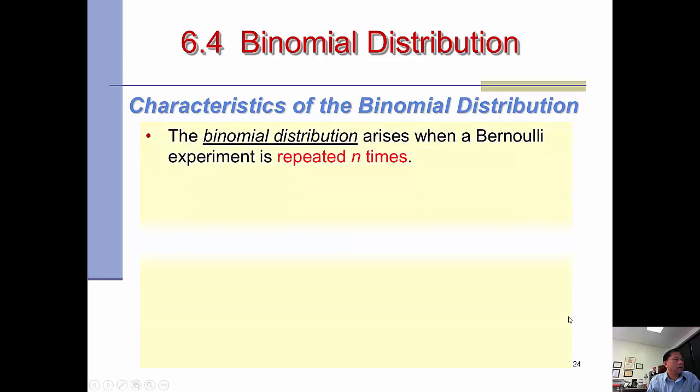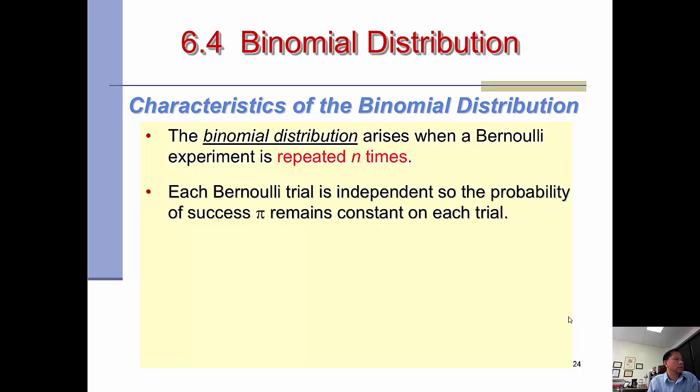Next, let's talk about the binomial distribution. This is actually the Bernoulli experiment repeated many times, n times. That is how the binomial distribution arises. Each Bernoulli trial in the binomial is independent, so the probability of success pi remains constant on each trial.